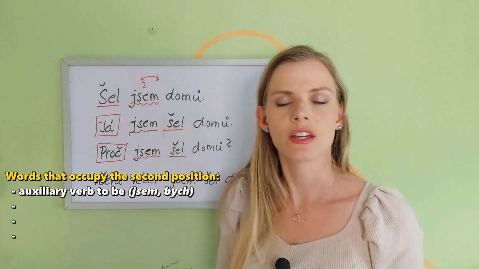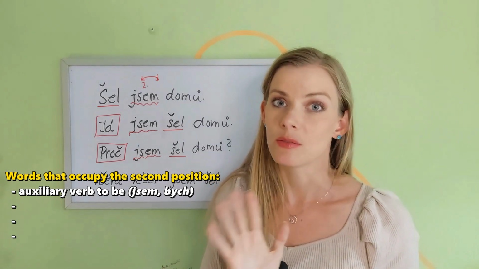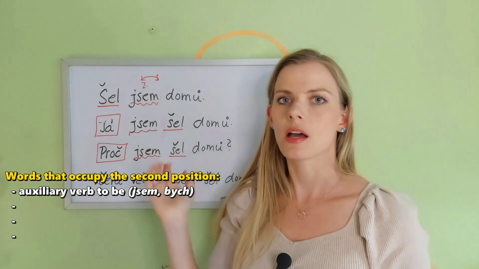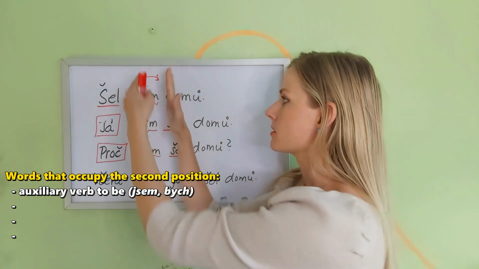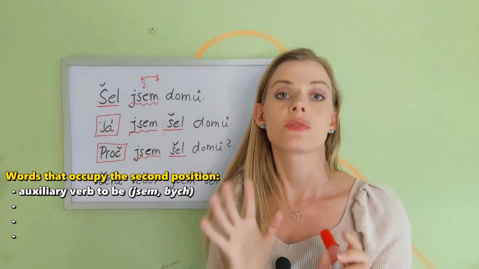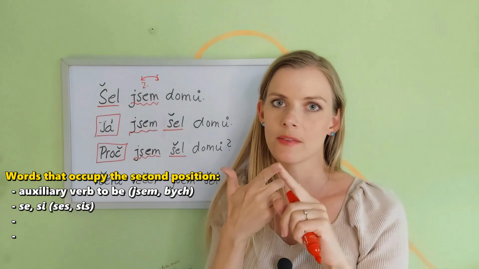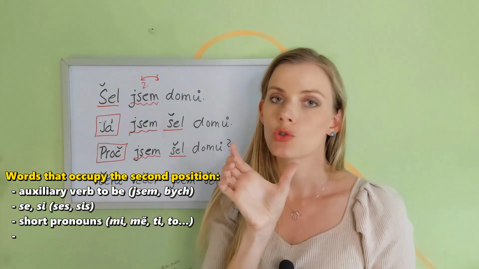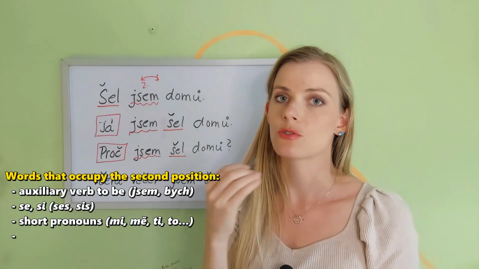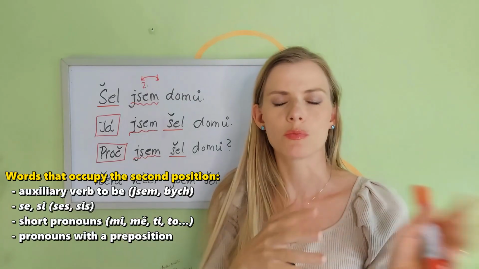I will mention that today also. It's not a second position word. Another example of a word that needs to be in the second position would be these reflexive pronouns, se and si, or ses, sis. Short pronouns that are not stressed, and a preposition with a pronoun.